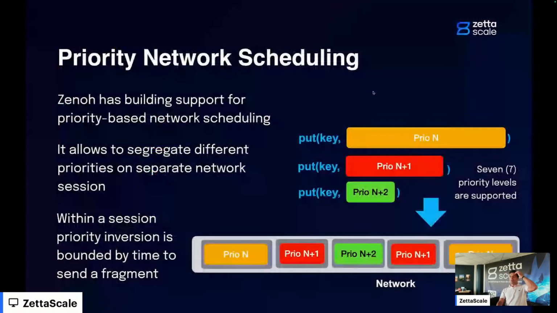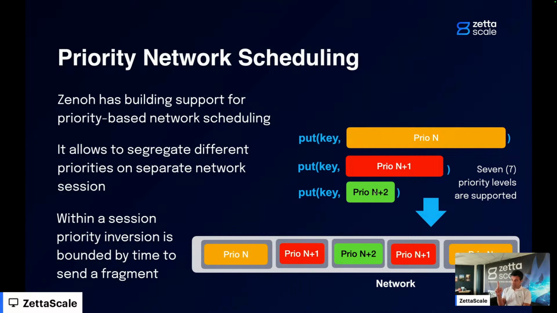Even if you have a single link, imagine this is a TCP/IP connection. If I'm writing data from different priorities, suppose that I write something at priority n, priority n+1, priority n+2. This is logical priority. Suppose this is a LiDAR image, 10 megabytes, something still pretty big, and this is a control message that I want to preempt anything else.